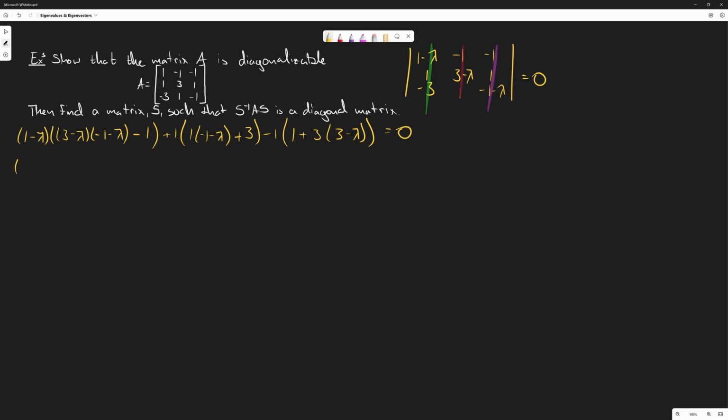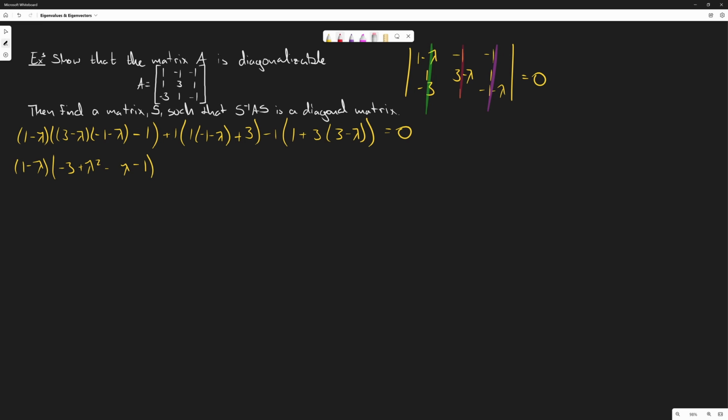We are going to do 1 minus lambda times negative 3 plus lambda squared, minus 4 lambda minus 1. Is that right? No, that's not right, because it's negative 1 times negative 1.